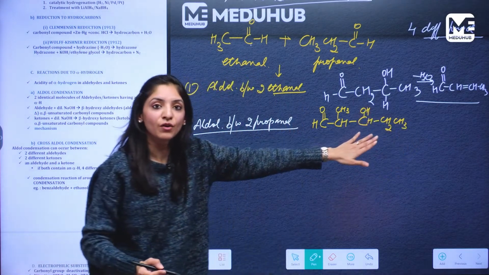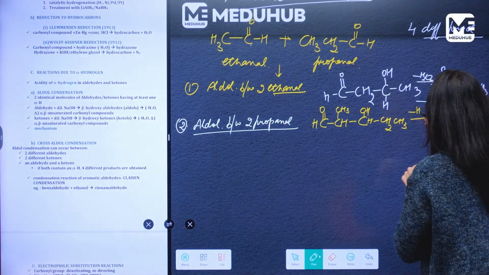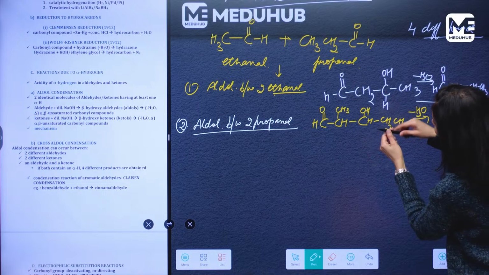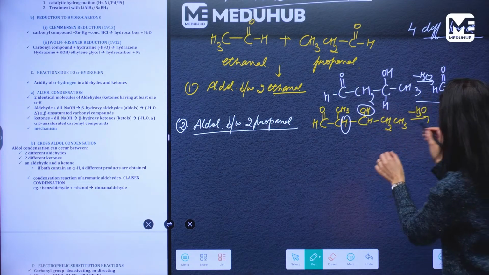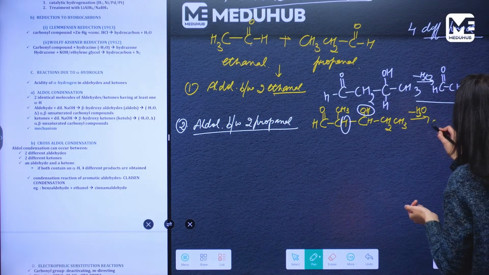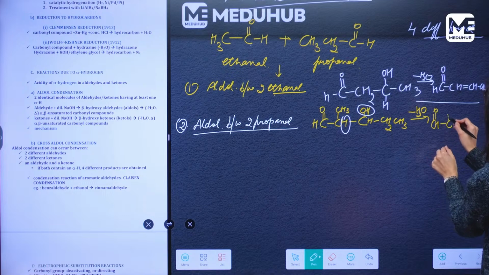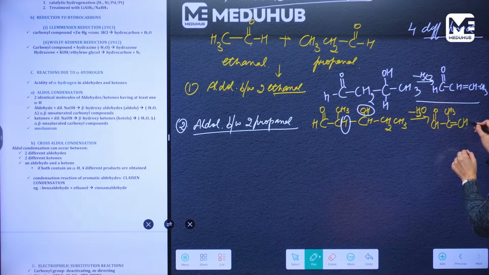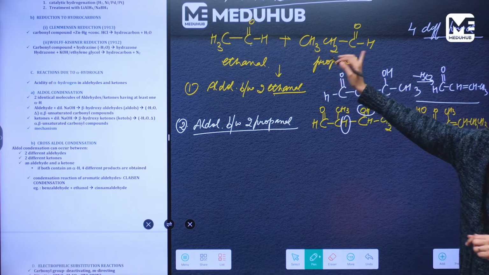This is the beta hydroxy aldehyde. This will lose water on heating. So this and this will get lost, and we will get a double bond, CH, CH2, CH3 here.